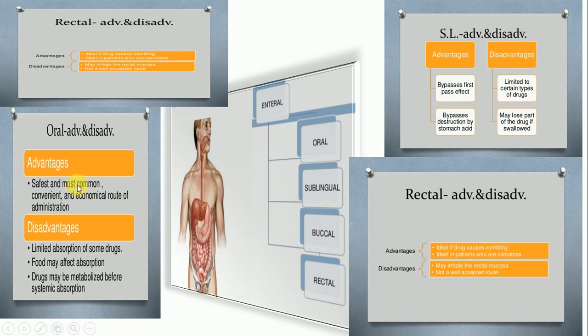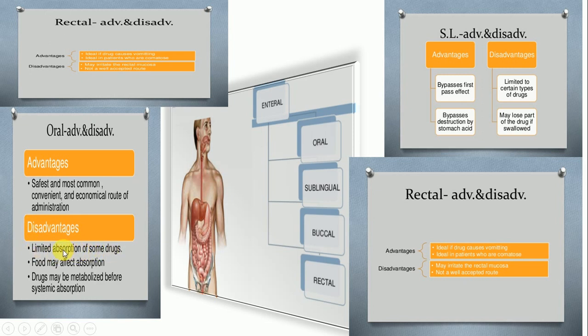As we know, in our daily ways of taking drugs, we use most of these routes because it's the safest one, and it's so convenient and an economical route of administration. But this route has some disadvantages, in which there is limited absorption of some drugs.